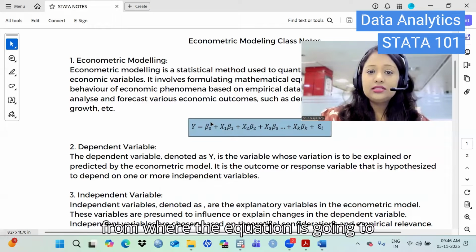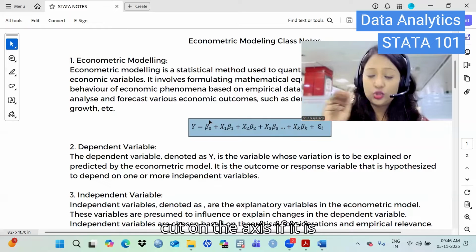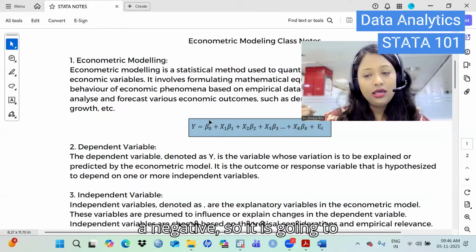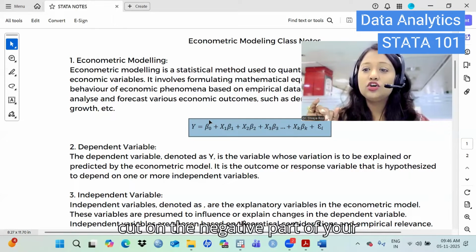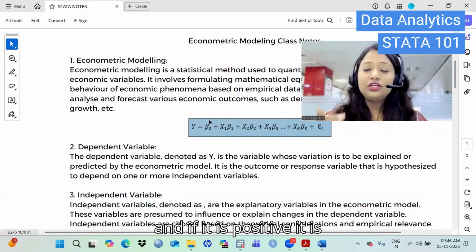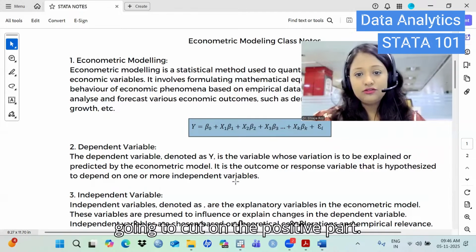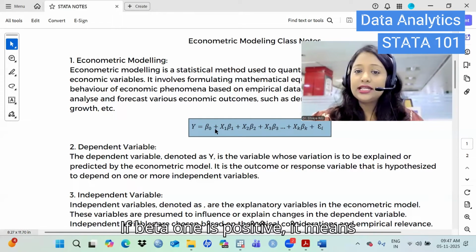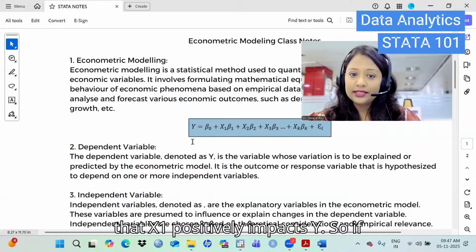Basically, beta naught tells you from where the equation is going to cut on the axis. If it is negative, it is going to cut on the negative part of your axis, and if it is positive, it is going to cut on the positive part. If beta 1 is positive, it means that x1 positively impacts y.